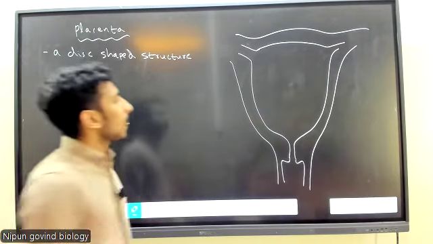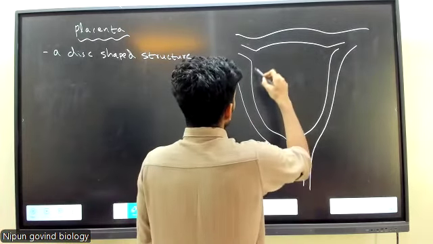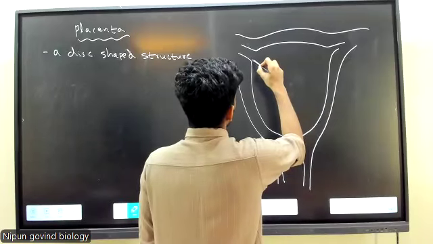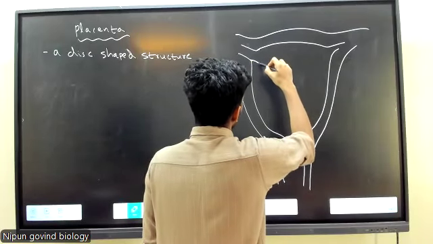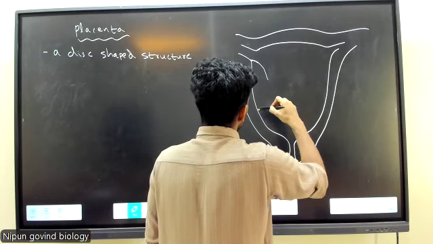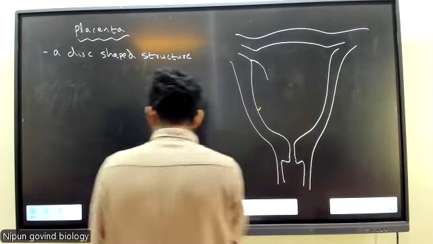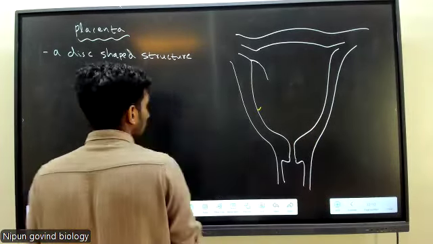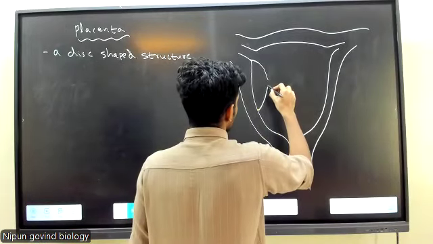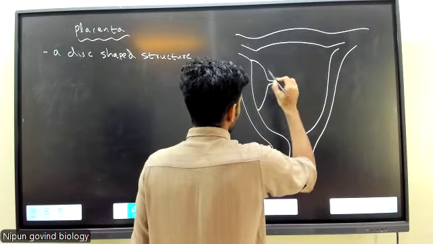The placenta will be formed here. This disc-shaped structure is called placenta.